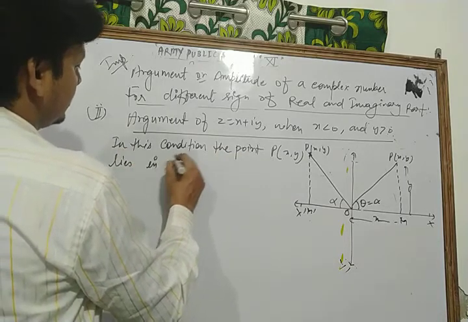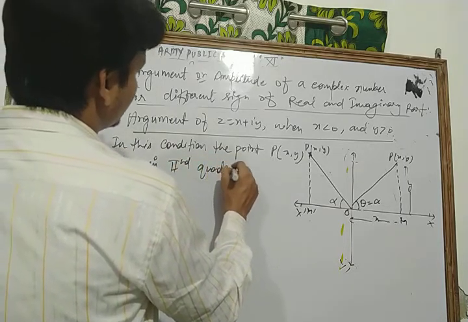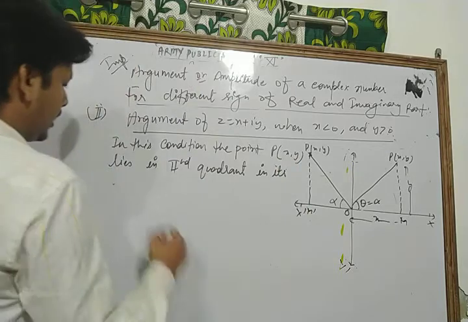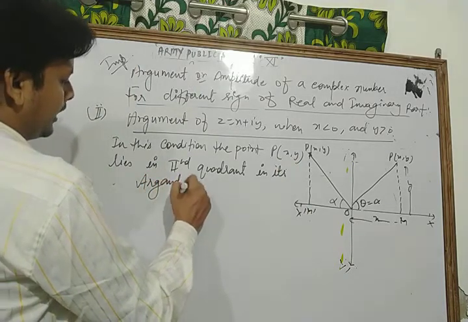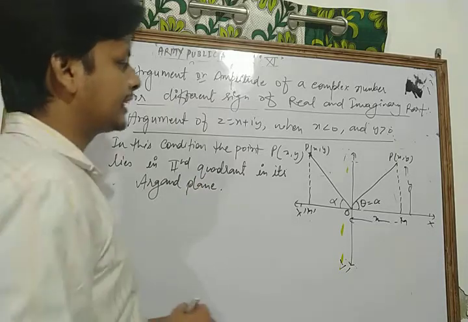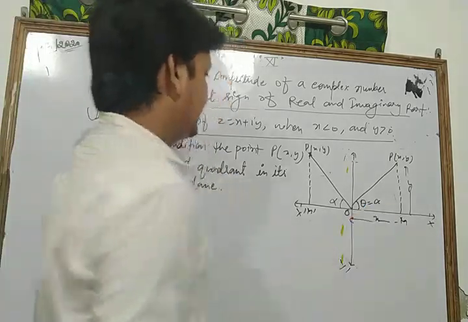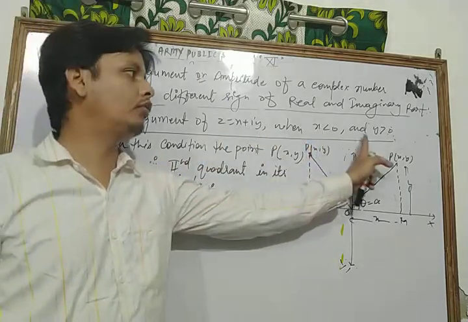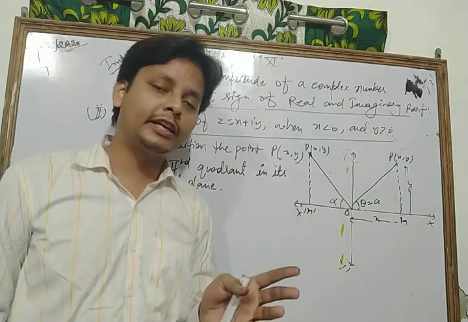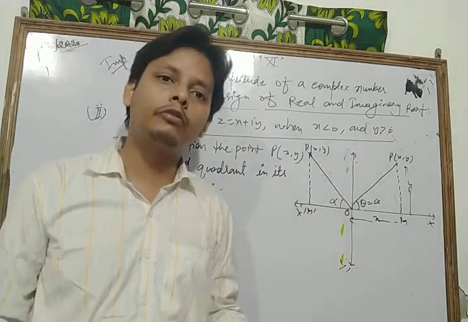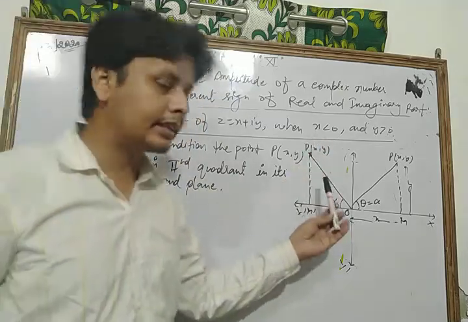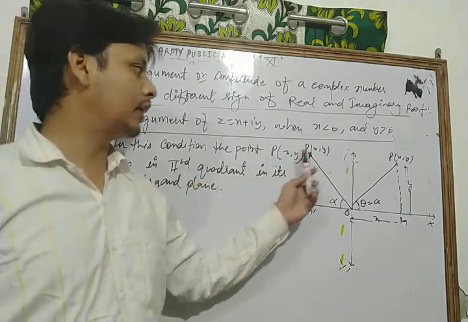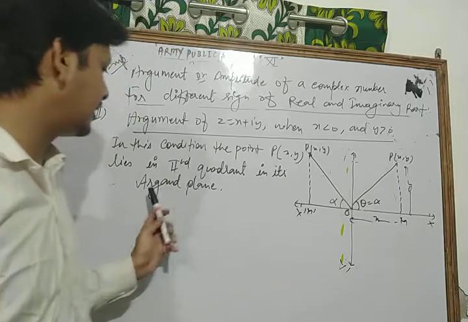It lies in the second quadrant in its Argand plane. When x is negative and y is positive, the point lies in the second quadrant of its Argand plane.